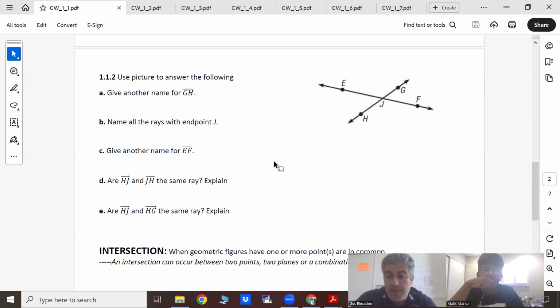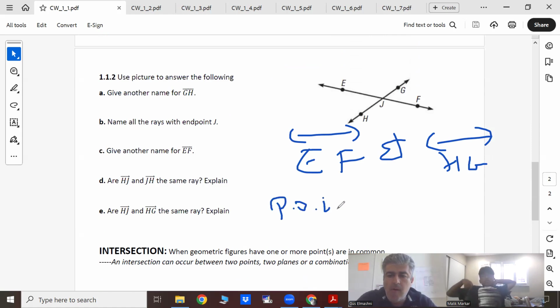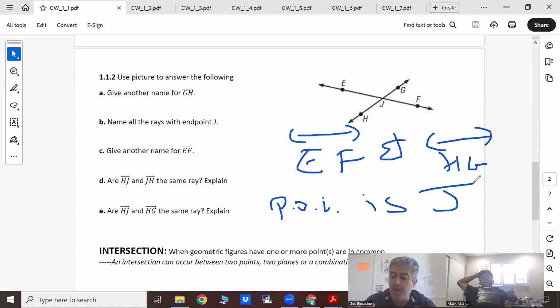Oh yeah, of course, for those two lines, yes. For line EF and line HG, I'll call it POI for short, is J. Correct. Okay.